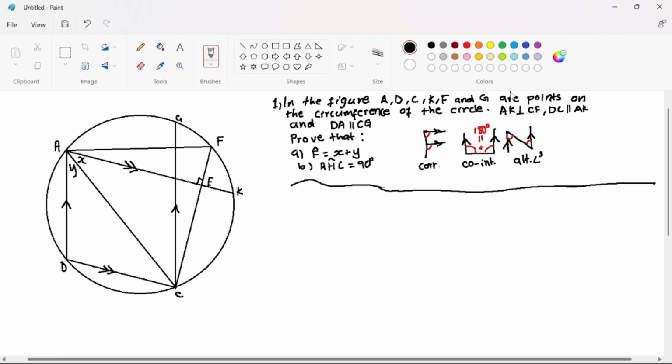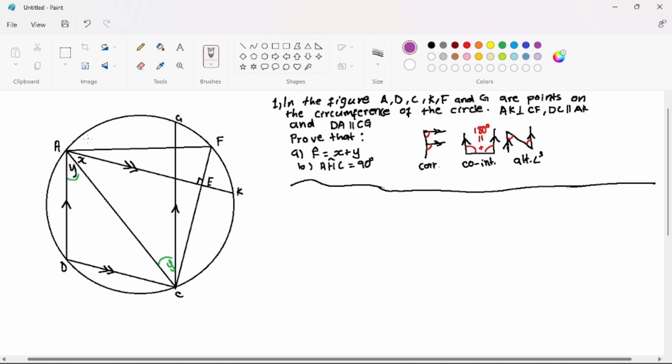So let's analyze our diagram. Since we are given that AD is parallel to CG, right, that simply means Y is going to be equal to angle ACG, right? So we are also going to be having a Y here.